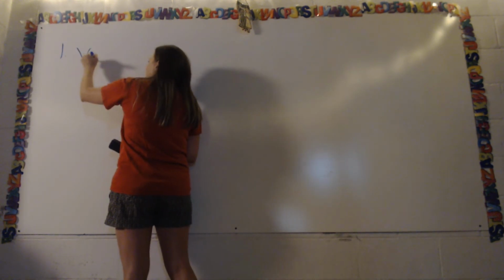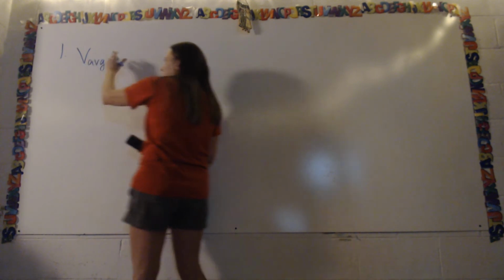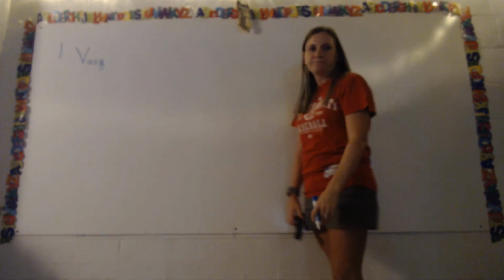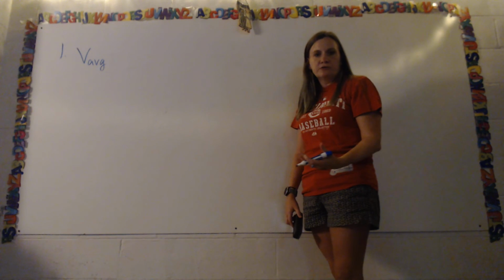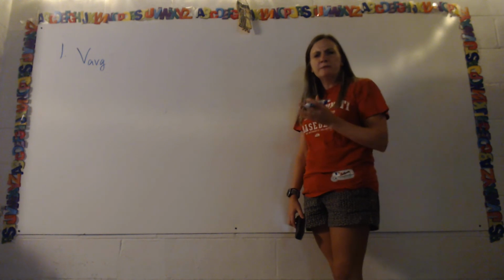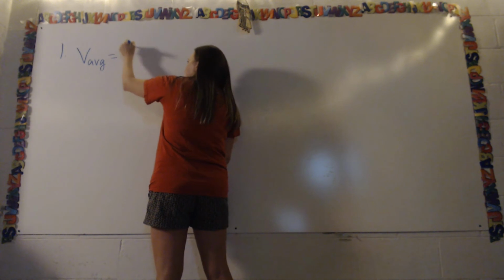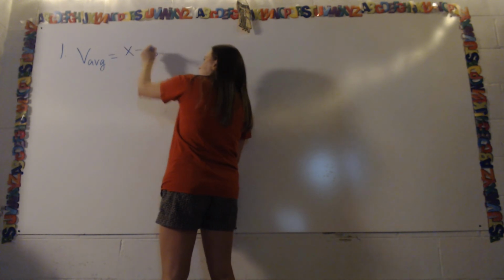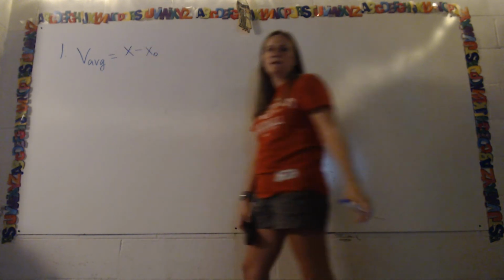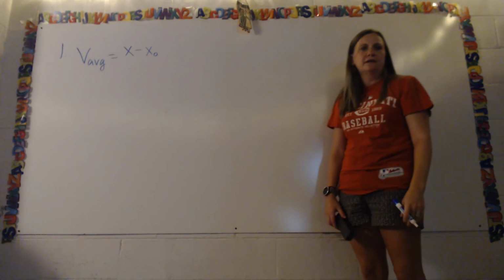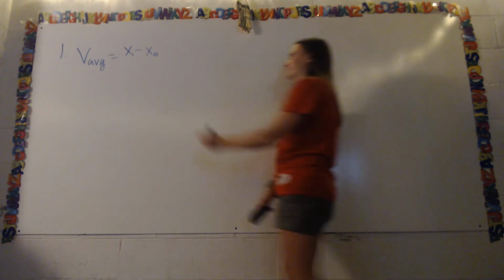So average velocity, and I kind of mentioned this at the very beginning of the course last week, is equal to displacement, so change in position, this is how we write displacement, x minus x naught, divided by time, okay?